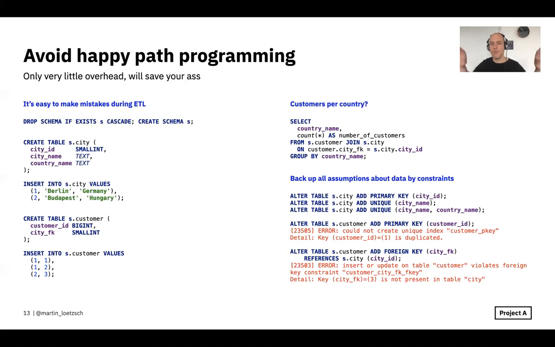If you create tables in parallel, you would normally create the city table and the customer table in parallel, and depending on how they are scheduled, it could be that the other one doesn't exist yet. So you do the foreign key constraints in a later step, usually at the end of the pipeline. Okay, yeah, but I was thinking about... I will show that later. Okay.